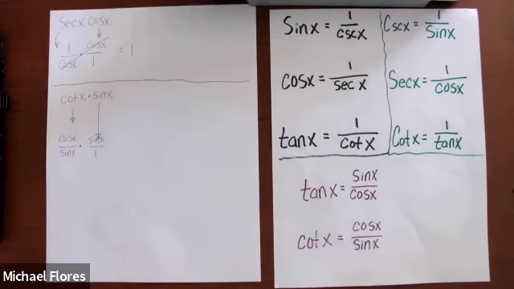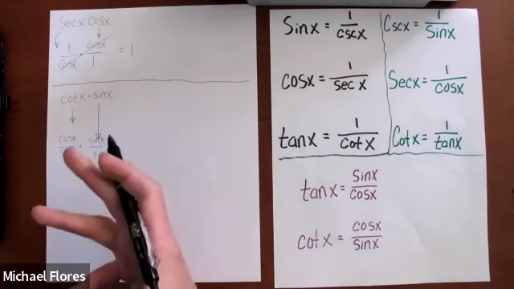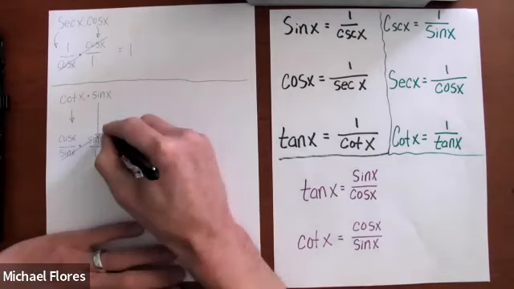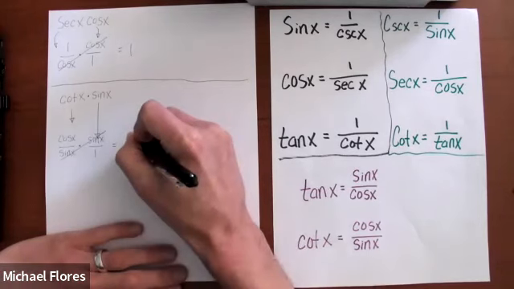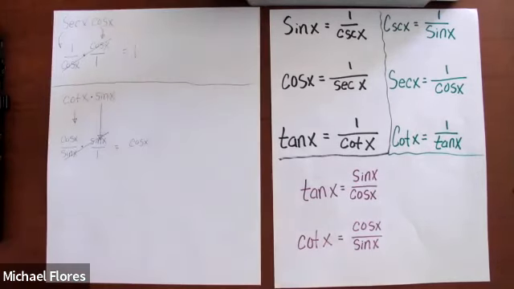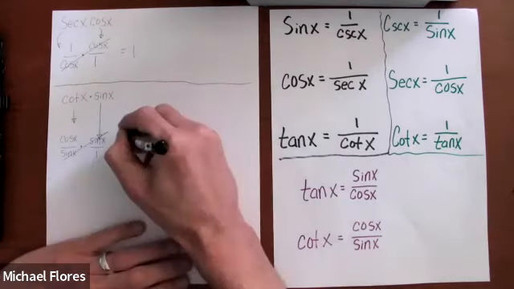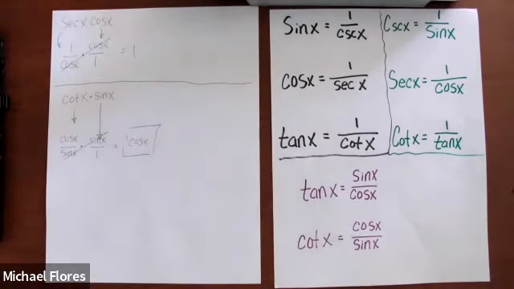Very similar to the problem that we had earlier. We have some cross canceling that goes on with the sine of x's, leaving us with simply cosine of x. We now have one trig function. That's what we're trying to do. We're trying to figure out how can we change these up to get to one single trig function.